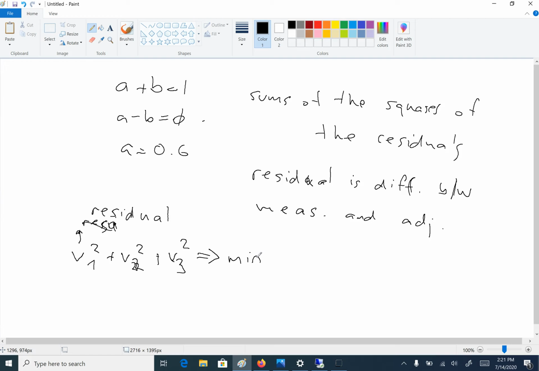So the question is, why are we minimizing basically a quadratic? We could also minimize the sums of the absolute values. That is the absolute value of the first residual plus the absolute value of the second residual plus the absolute value of the third residual could also be minimized.